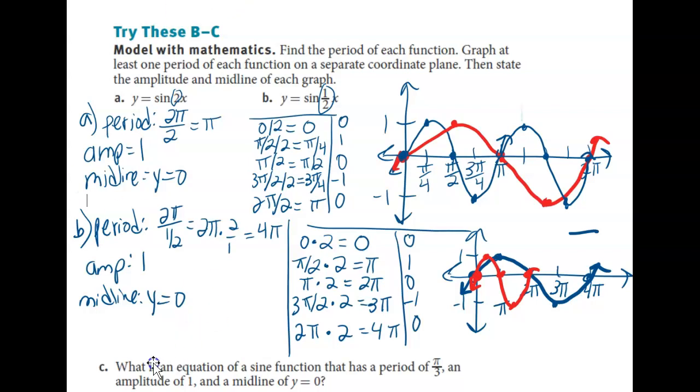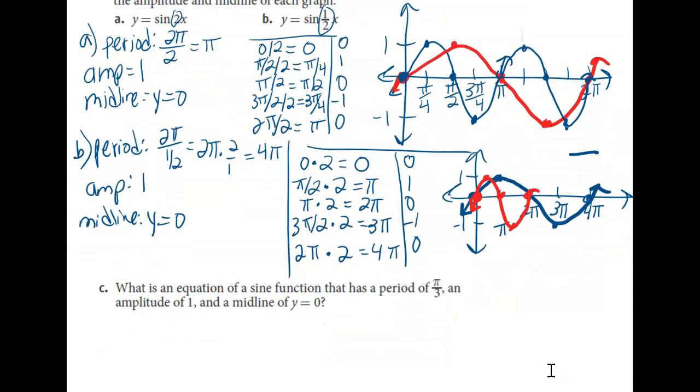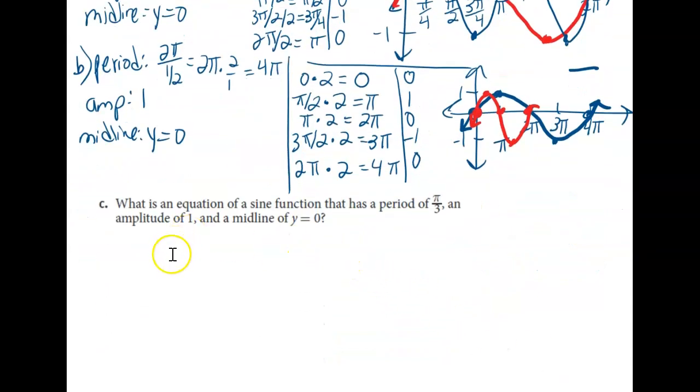Alright. And the last one is kind of tricky. They're asking you, what would the equation be if the function had a period of pi over 3, amplitude of 1, and a midline of 0? So we know amplitude's 1, midline 0. So really we're trying to figure out, what's b?